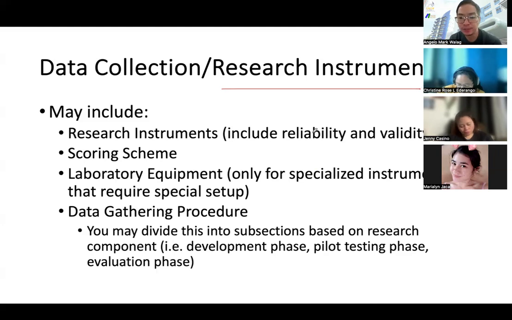So when you do research instruments, you have to explain the reliability and the validity measures you have implemented to ensure that your instruments are appropriate for your respondents. For reliability, there are many kinds: inter-rater reliability, item consistency, many kinds of reliability.